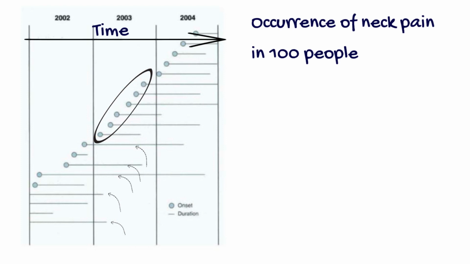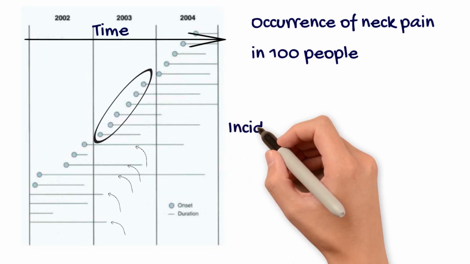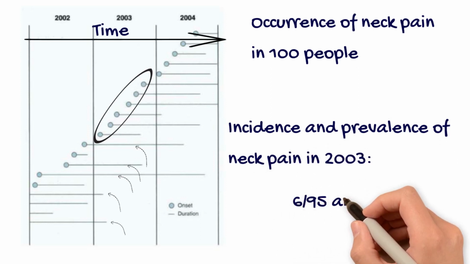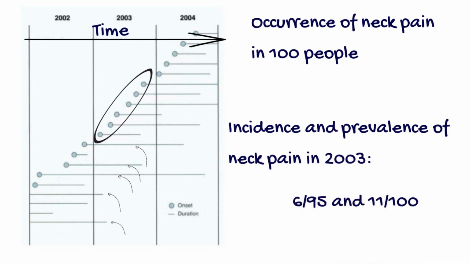Therefore, the number of people at risk in 2003 is 95, by using 100 minus 5. The annual incidence and prevalence are 6 divided by 95 and 11 divided by 100. From this example, we can see a higher incidence and a longer duration of a disease will result in a higher prevalence of the disease.